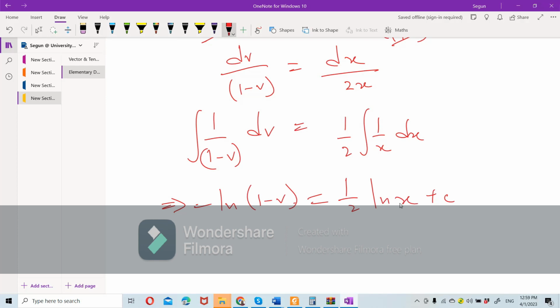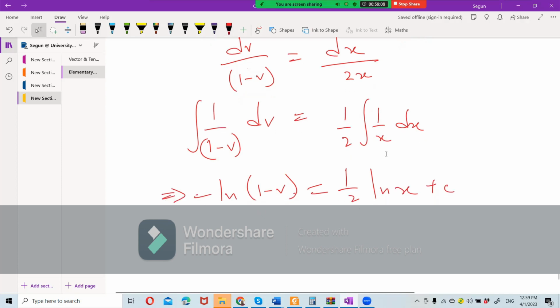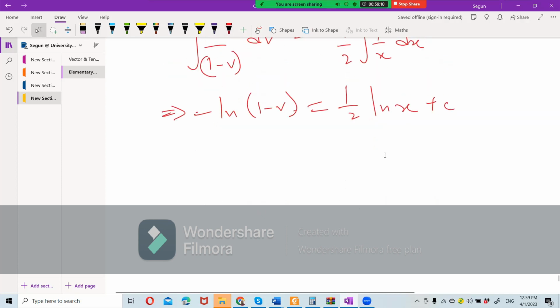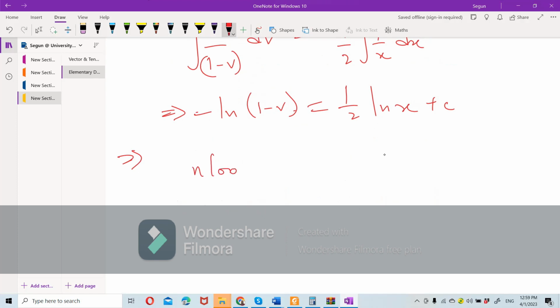But in this case now, this is not the final answer. We have to replace v back to y. That would now take us into another way of solving it. You remember when you have n log s, it's the same thing as log s raised to power n. So we are going to make use of this with this one now.